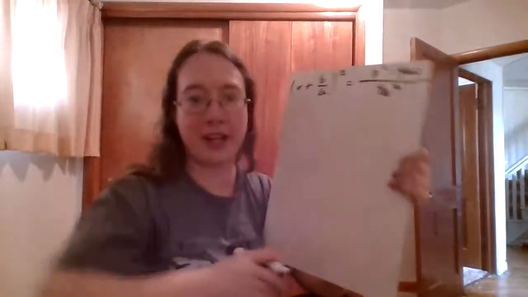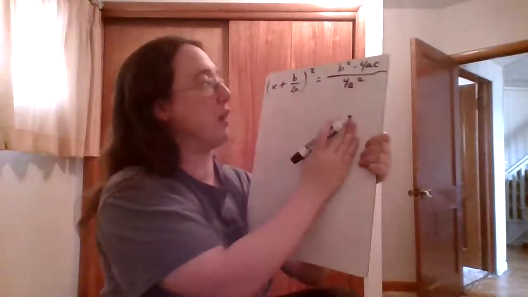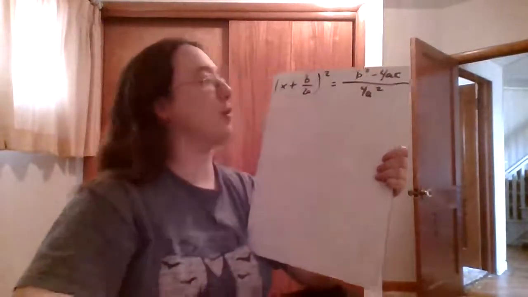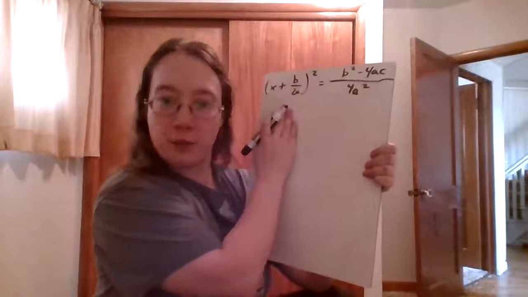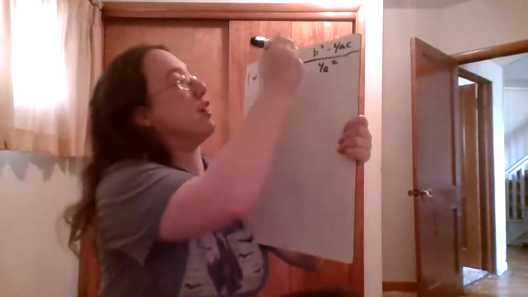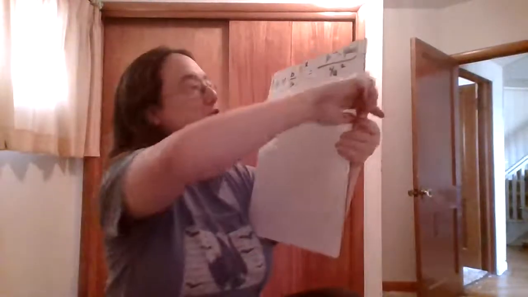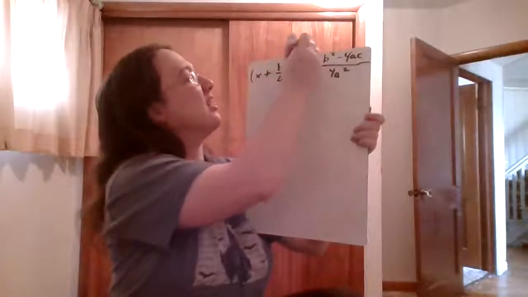Because remember, if we're adding, we can just flip-flop the order as long as that negative stays with what it was with. Now, the reason we wanted a perfect square over here in the first place is that we can square root it. So I'm going to pick a different color and draw a big square root around everything.